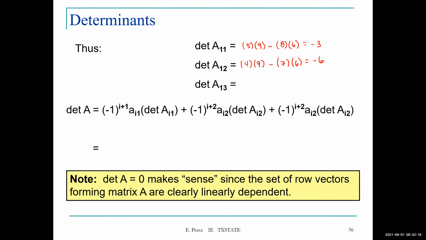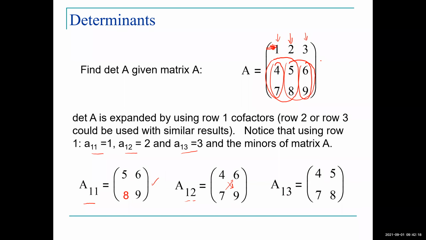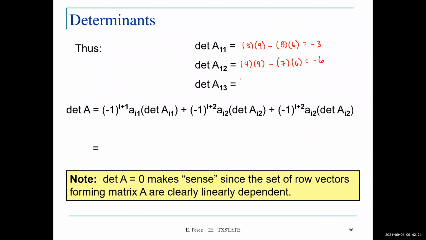And then we have the final minor. We have 4 times 8 minus 7 times 5, and that's equal to minus 3.